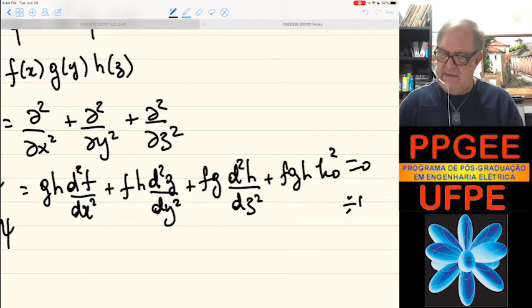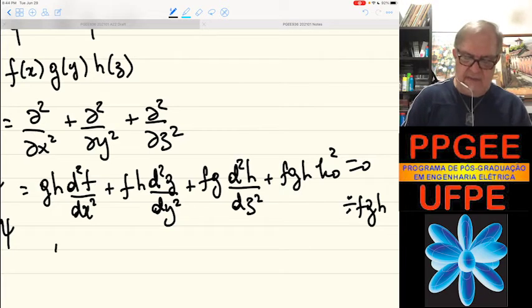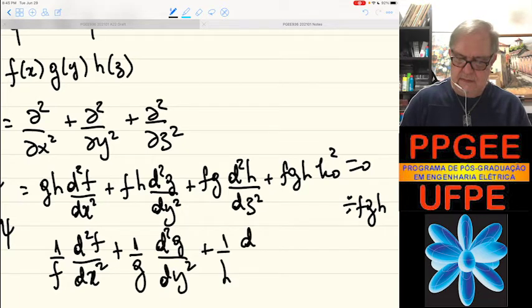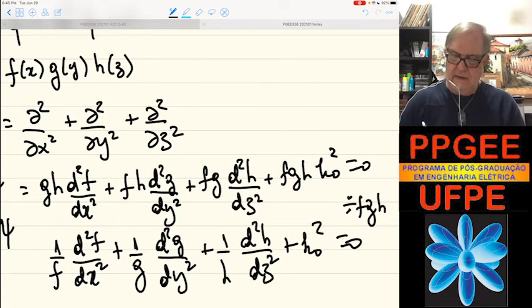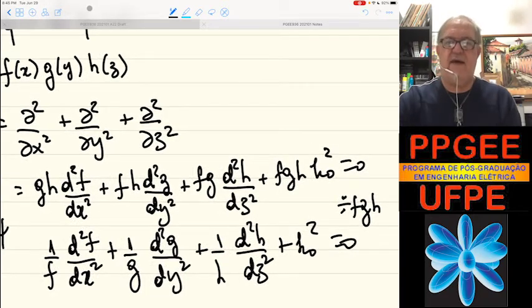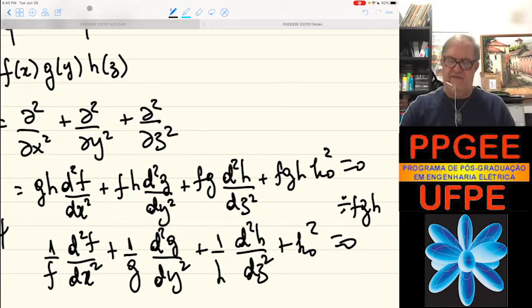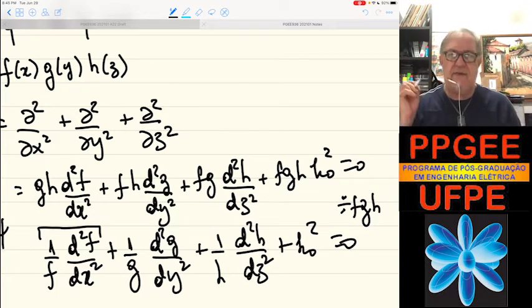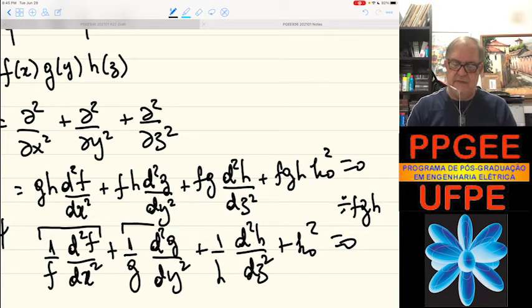Then we divide everything by fgh. We're going to have a simple equation like 1 over f, and then we arrive at that important form of the differential equation in which we only have single variable dependence for each term.